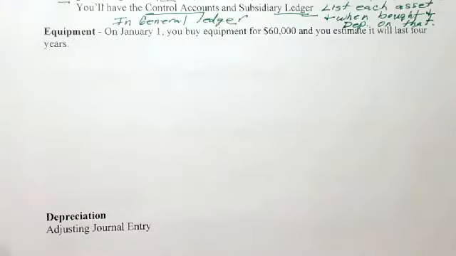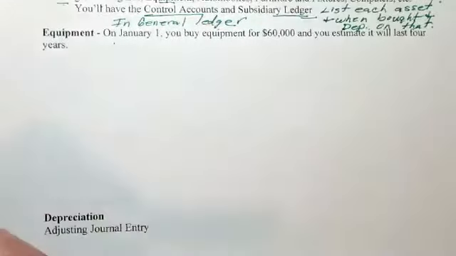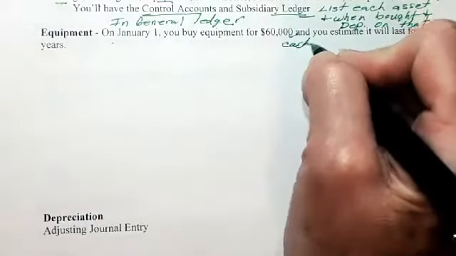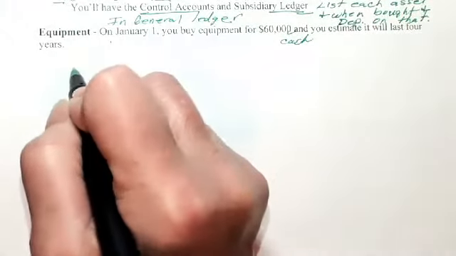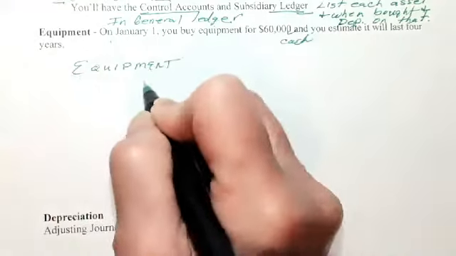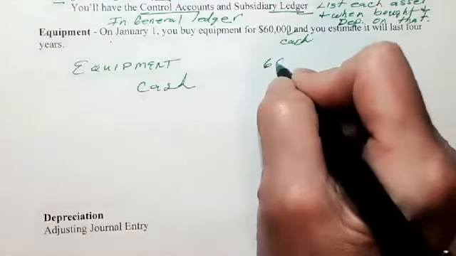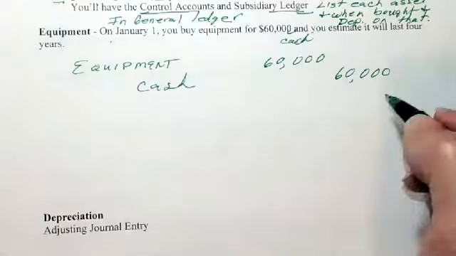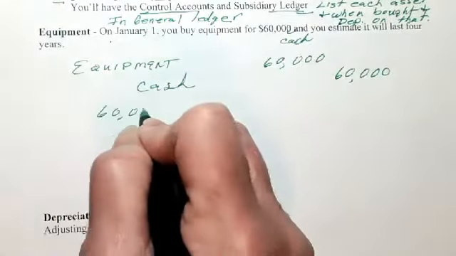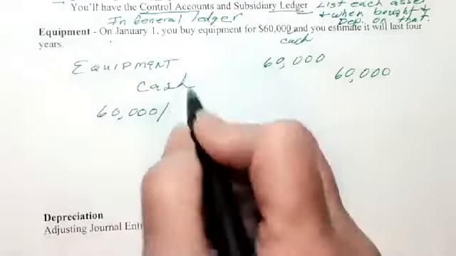The first entry here then is one we've done already. On January 1, you buy equipment for cash. You estimate it will last 4 years. We get equipment, we pay cash for $60,000. And that's what we did back in chapter 2, I guess it was. And then when we did our adjusting journal entries in chapter 3, we had to figure out it's going to last us 4 years.